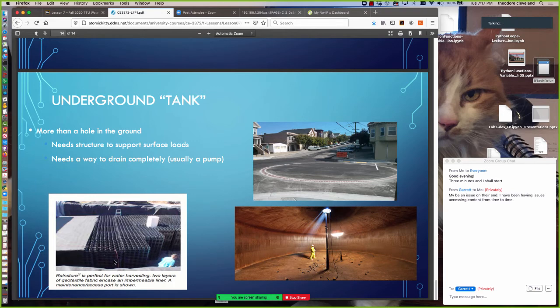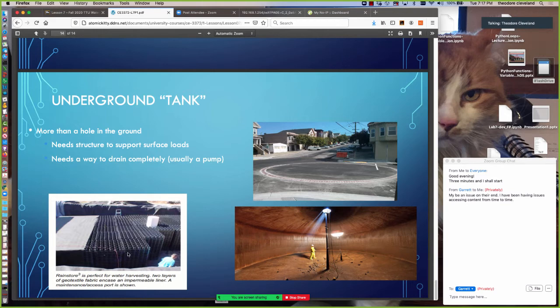Here is a rain storage vault, and the pictures don't look alike, but they actually have a whole lot in common. This one's just a hole in the ground filled with these plastic milk crate looking things.